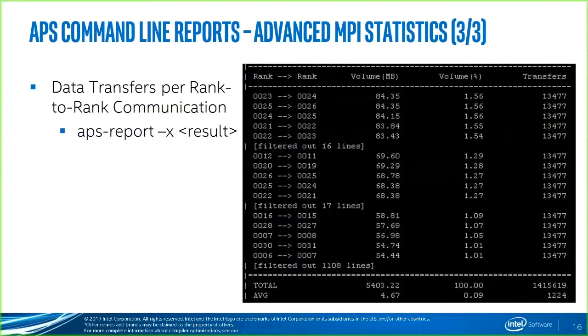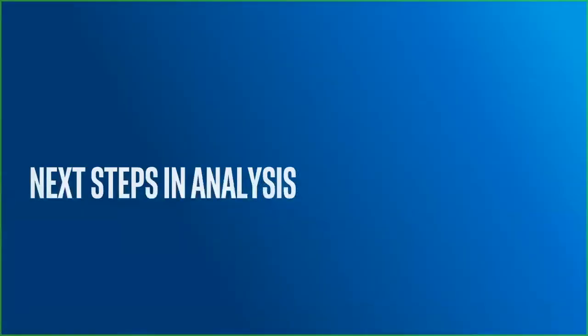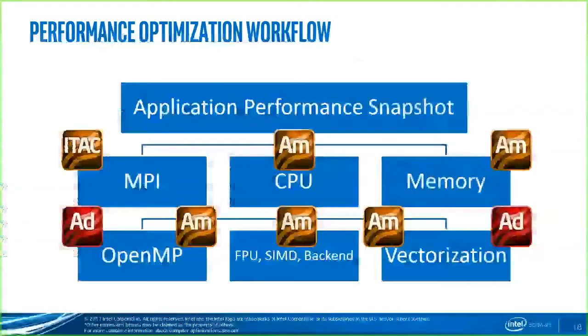That's probably all about APS, but let me say one more time that APS can be mostly treated as an entry-level tool. From one point of view, it will direct you to more detailed tools to understand inefficiencies in particular aspects.